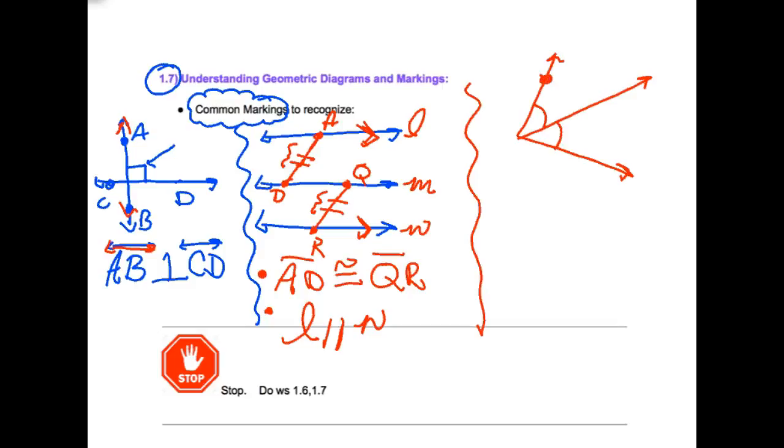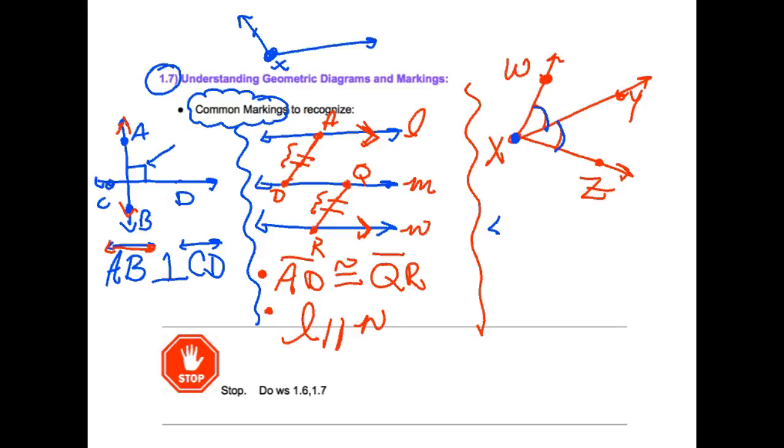So let's call this W, X, Y, and Z. And let's talk about what I can conclude from those markings. Because I've got one arc and one arc, those are markings, geometric markings for angle congruence. So I would say angle. Can I call it angle X? And the answer is no, because from the last video I said you can only name an angle with a single letter if there's no other angle emanating from that vertex.